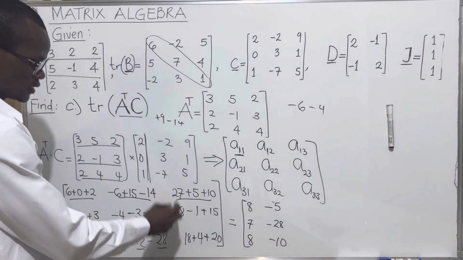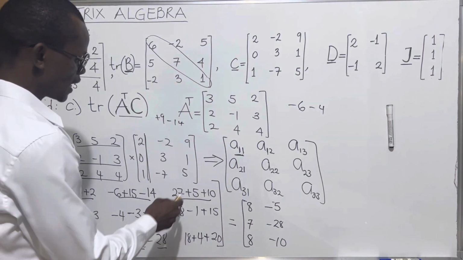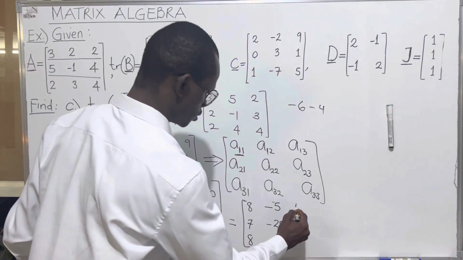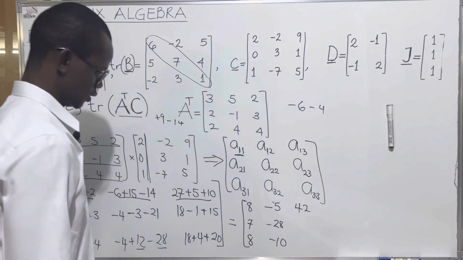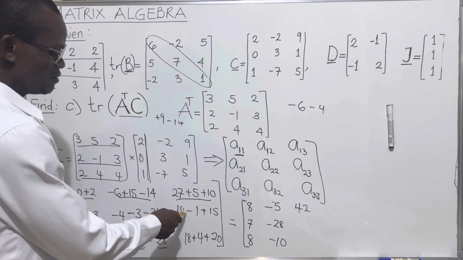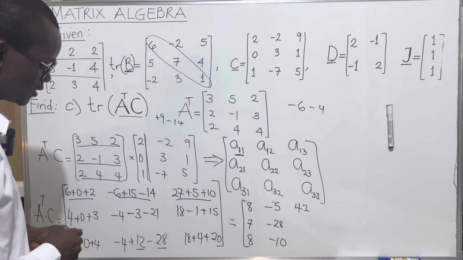And then the next column we have 27 plus 5 is 32. 32 plus 10 is 42. So this is 42. And this one you have 18 minus 1 is 17.